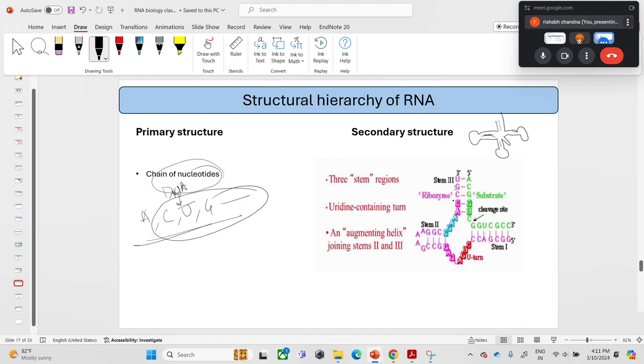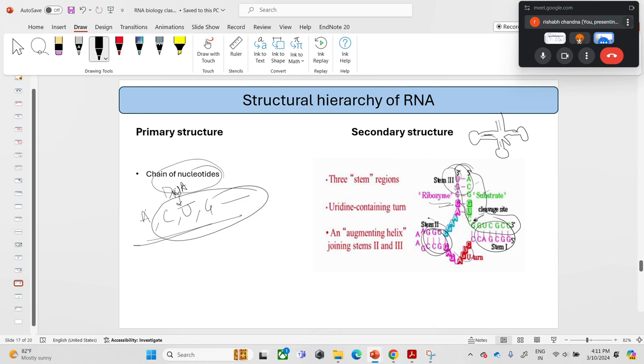Like we can see here in the example, this is stem 2, this is stem 1, and this is stem 3. There would be some complementary base pairing between the substrate as well as the stems. As you can see, stem 1 and stem 3 basically help in positioning of the RNA to the ribosome so that it can cleave here.